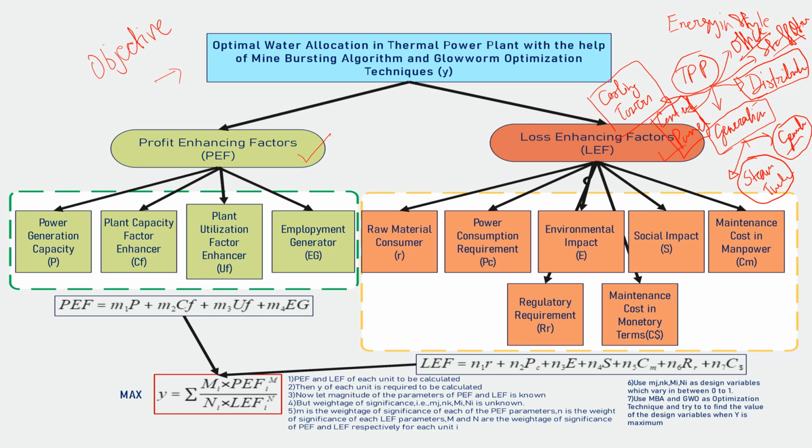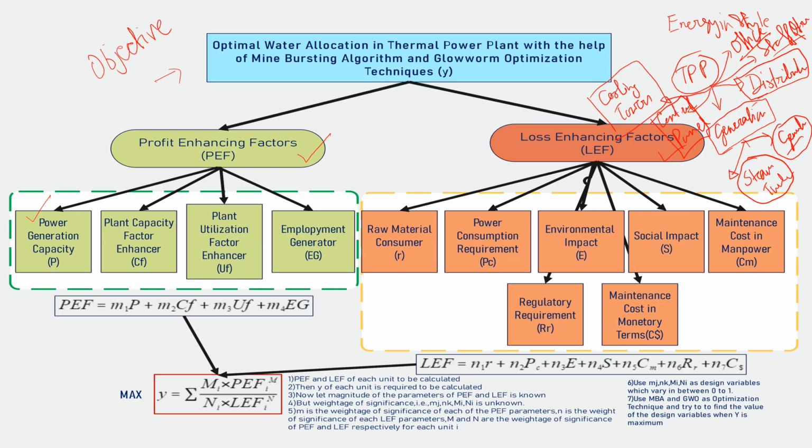One of the main profit enhancing factors: the main product of a power plant is power, because a power plant sustains by selling power. So this is its main product. So power generation capacity of any unit will be one of the major profit enhancing factors, followed by the plant capacity factor.